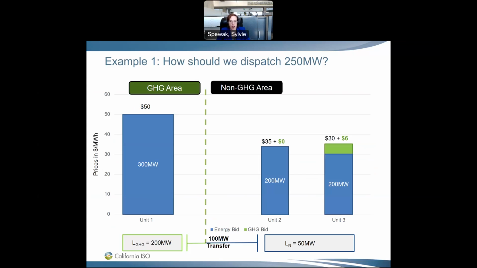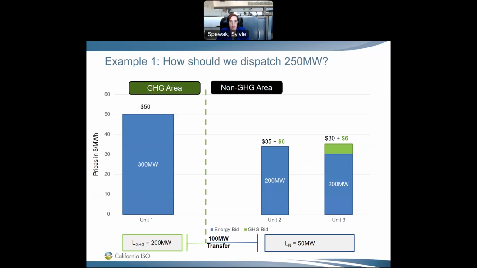To serve the GHG area, we would want to take 200 megawatts from Unit 2, but we end up hitting that transfer constraint. We can only take a total of 150 megawatts from the non-GHG area.